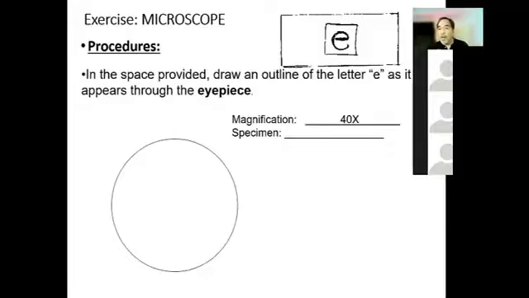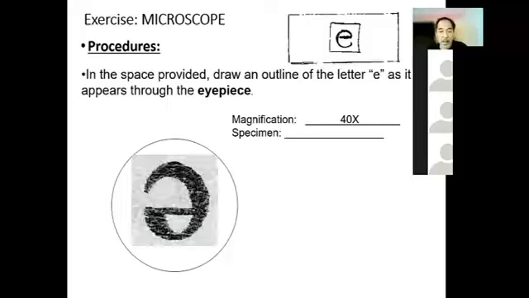Remember, take a look at the picture on the upper right hand of the slide. It is the letter E in upright position. When I look at this specimen in the low power objective at 40x, you can see that the letter E is inverted, upside down and reversed. That's how you see it on the microscope.